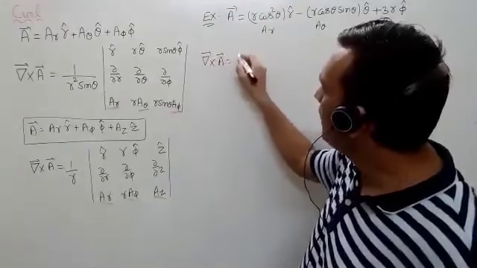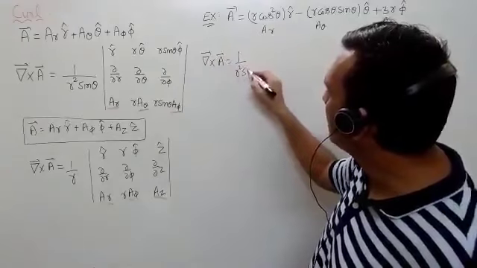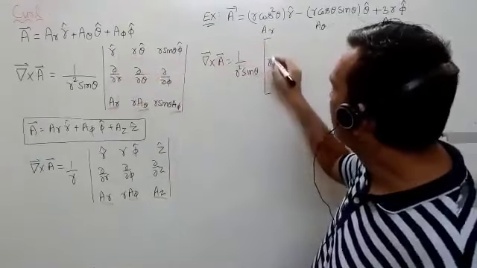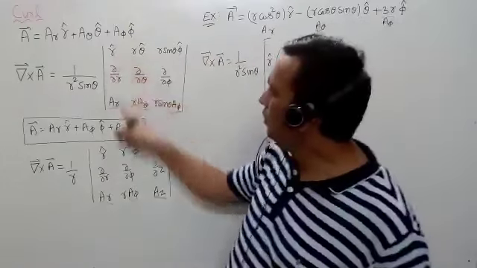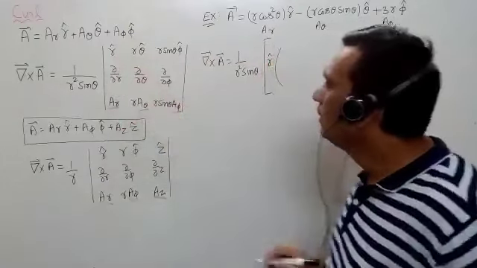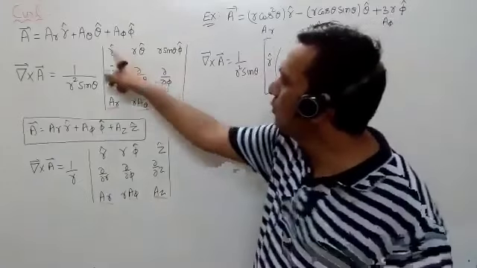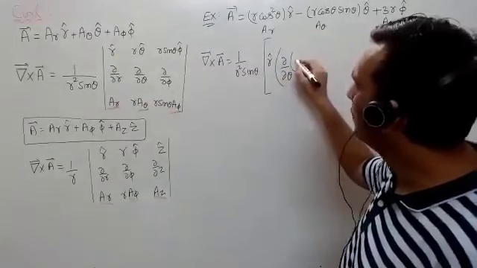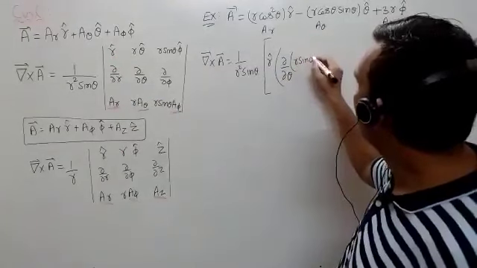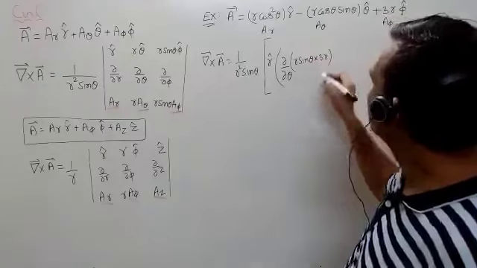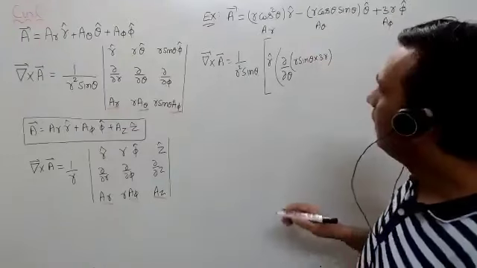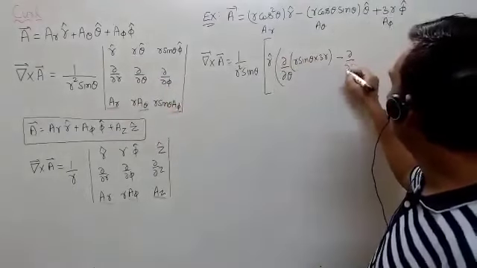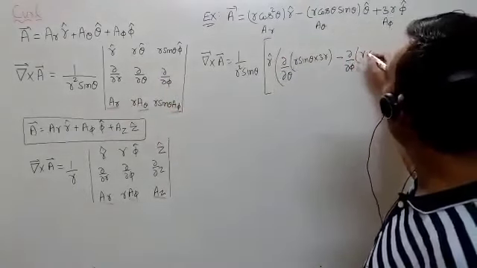So what will be del cross A? 1 by R square sine theta term is common. This is R cap. So if you differentiate with respect to theta, so you will get del theta into R sine theta into A phi, A phi is 3R, and minus del phi into R into A theta.